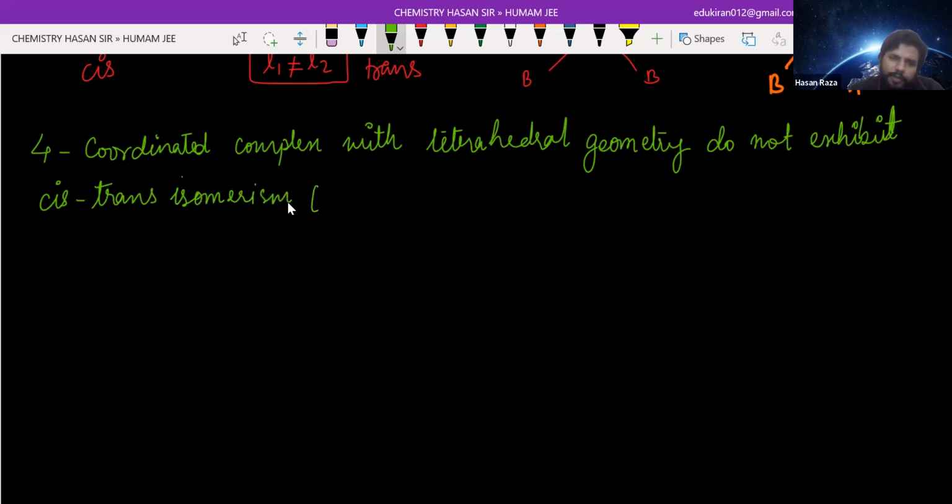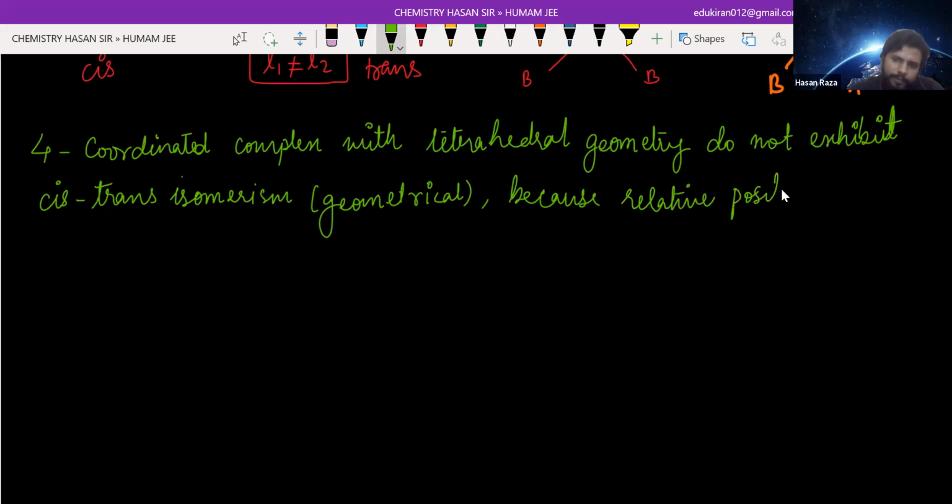That means geometrical isomerism, because the relative position of ligands remains the same for each other. That's why.